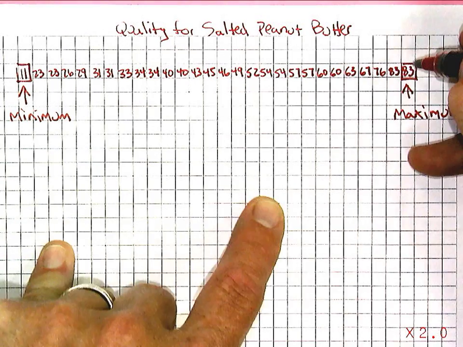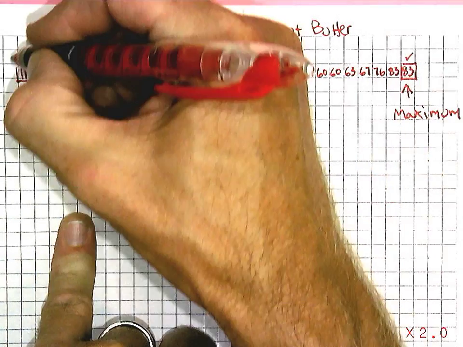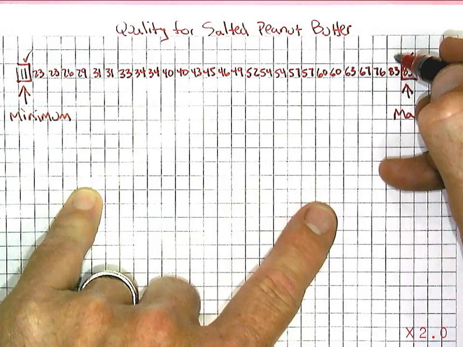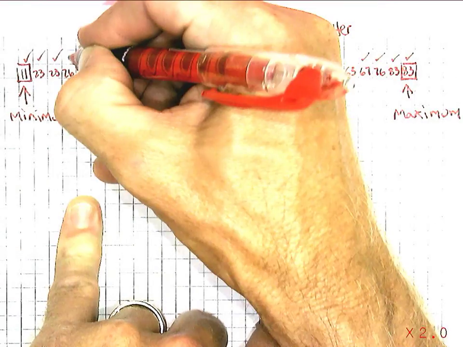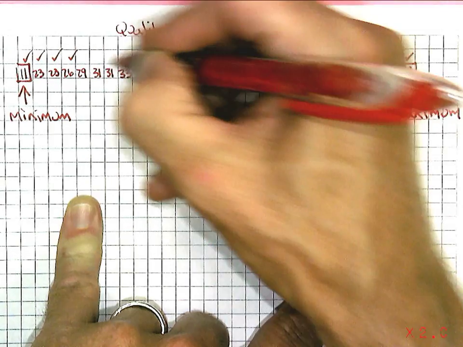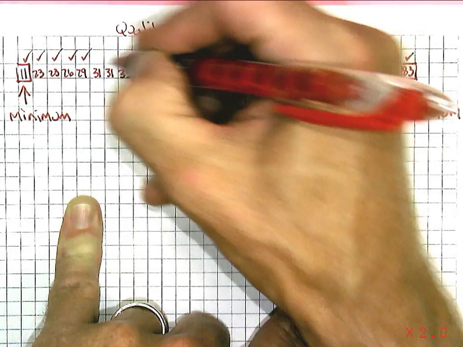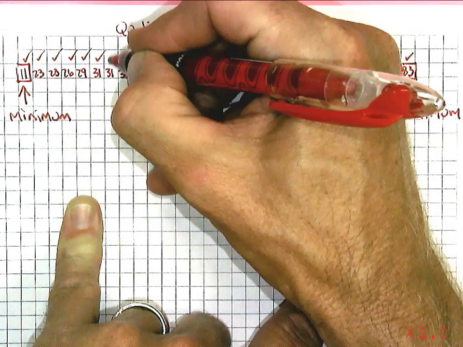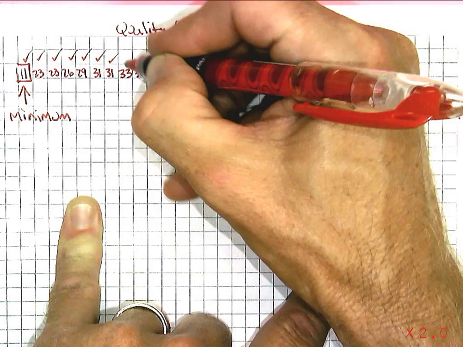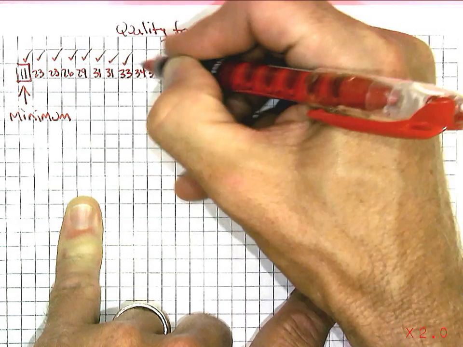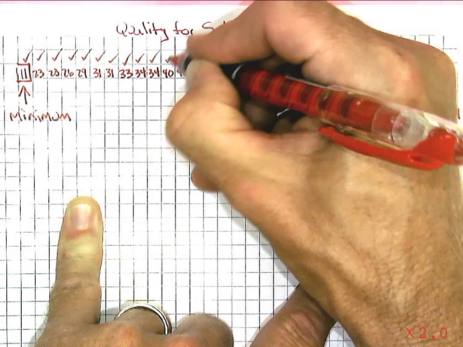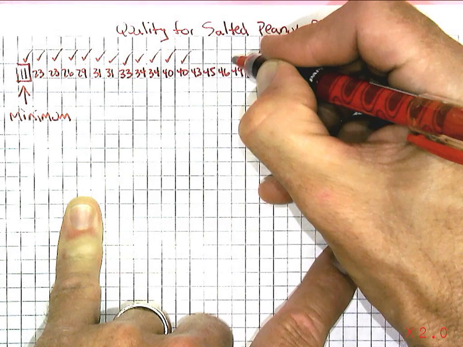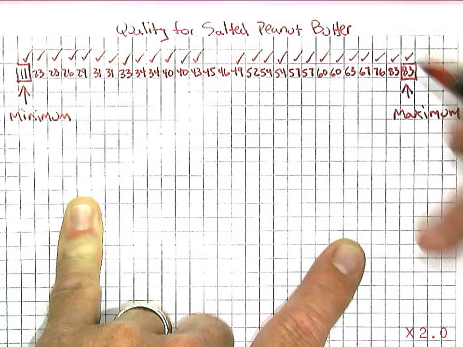And so I can check off, starting here, work my way to the middle, 3 on each side, 4 on each side, 5 on each side, 6, 7, 8, 9, there's a lot of numbers, 10, 11, 12, 13.